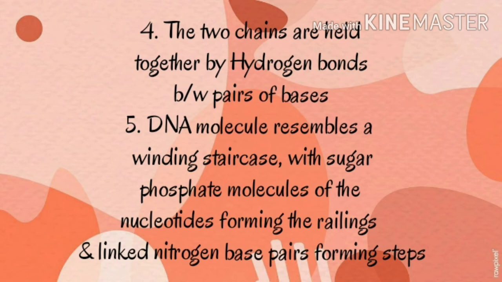Suppose you have a staircase which is helical and right-handed, resembling the DNA. The railings are similar to the phosphate and sugar of DNA, and the steps in between resemble the nitrogen bases. This is the resemblance between a staircase and DNA.